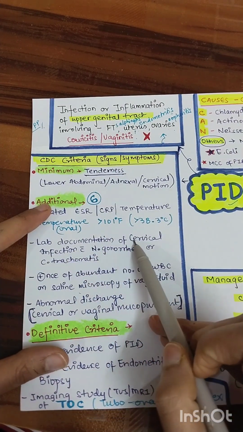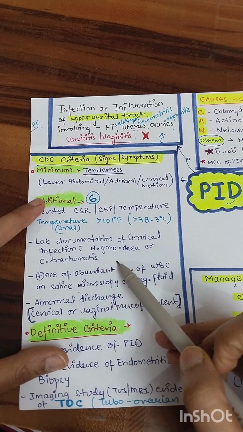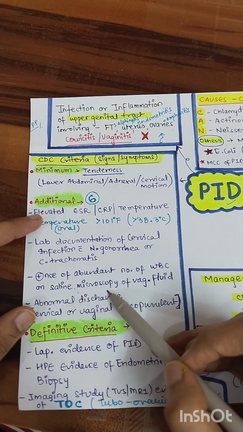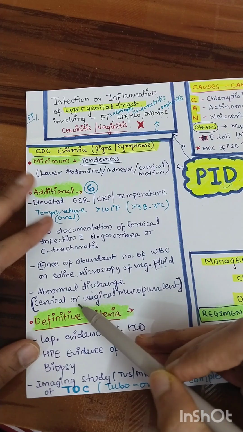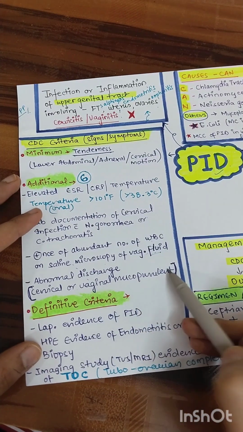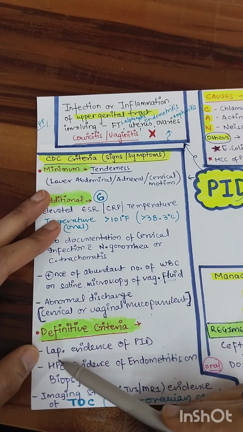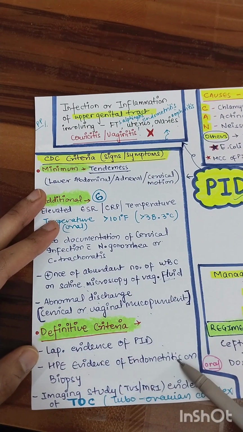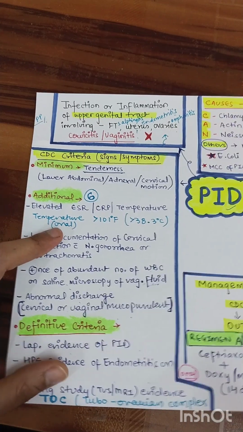Then lab documentation of cervical infection with Neisseria gonorrhoeae or Chlamydia trachomatis, presence of abundant WBCs on saline microscopy of the vaginal fluid, abnormal cervical or vaginal mucopurulent discharge mainly. In the definitive criteria, you can see laparoscopic evidence of PID, histopathologic evidence of endometritis on biopsy, and on imaging study, TVS or MRI, there will be evidence of tubo-ovarian complex.